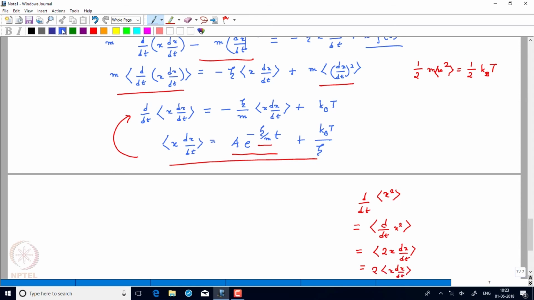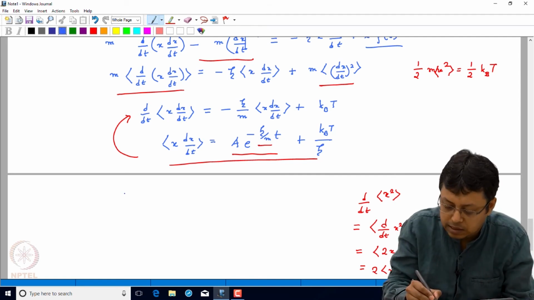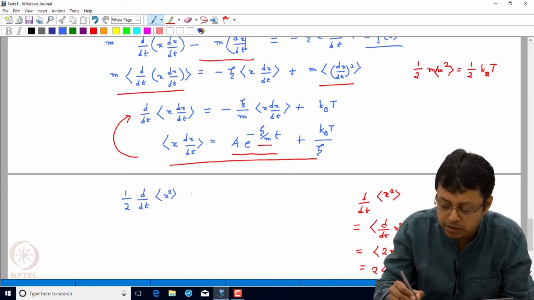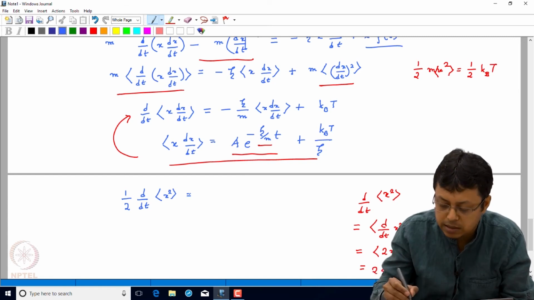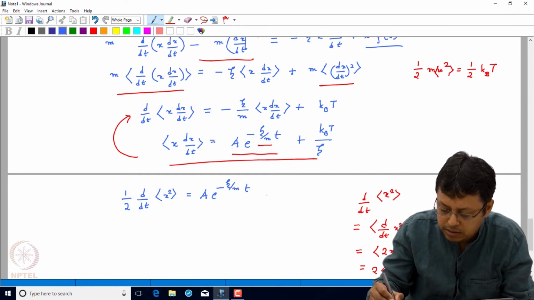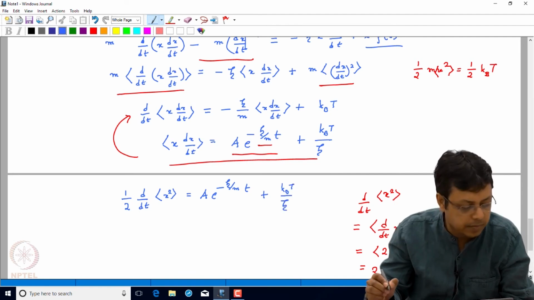So I can write this quantity x dx/dt as half times d/dt of x squared average, and that is what we are going to evaluate, the mean square displacement, if the choice of the axis is x: A e to the power minus zeta by m into t plus kBT by zeta.